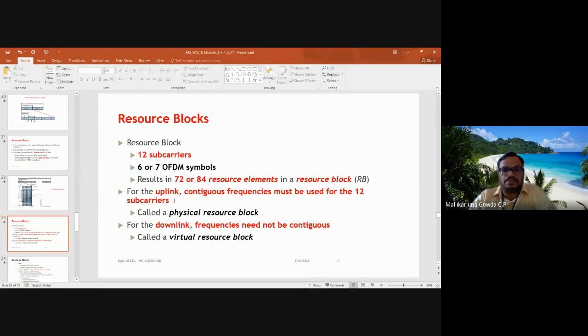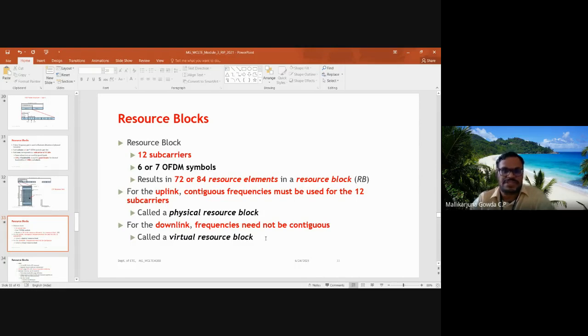For uplink, we need contiguous frequencies for all 12 subcarriers, which we call a PRB, physical resource block. But for the downlink, frequencies need not be contiguous, which we call a virtual resource block, that is VRB.